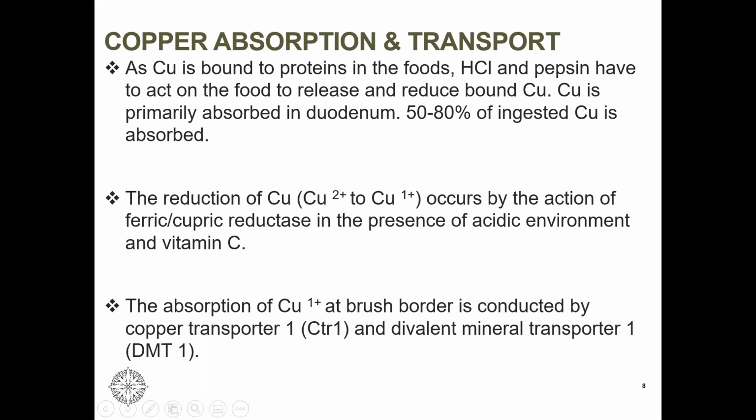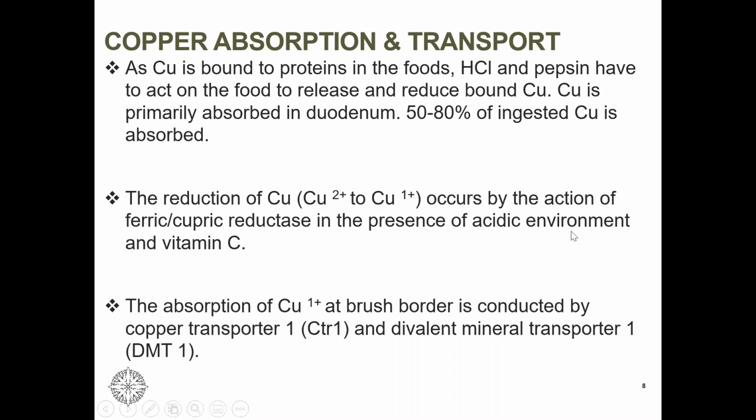It acts on iron? Yes, absolutely right. It's the same enzyme. If cupric is coming, it will work with cupric and convert it to cuprous. If ferric is coming to the brush border, it will convert ferric to ferrous.